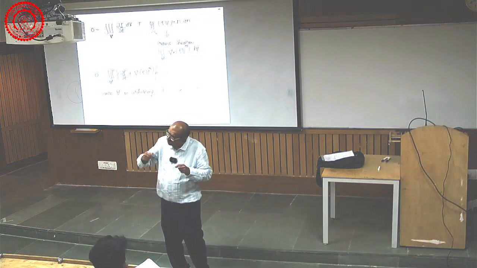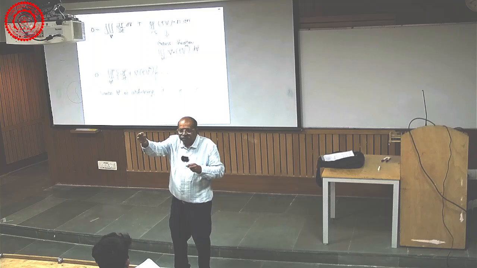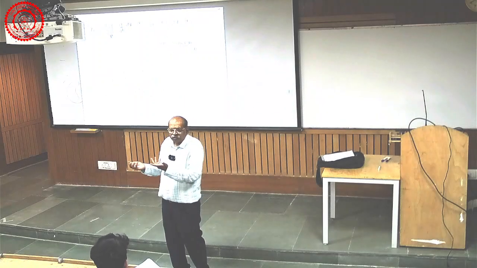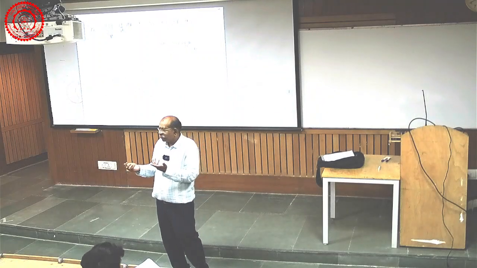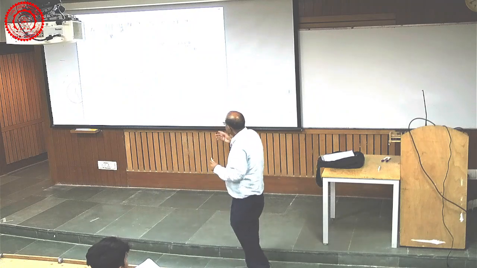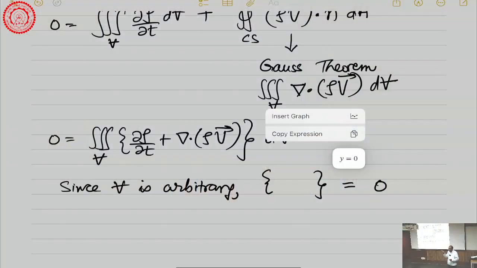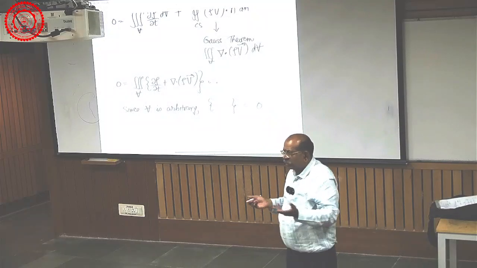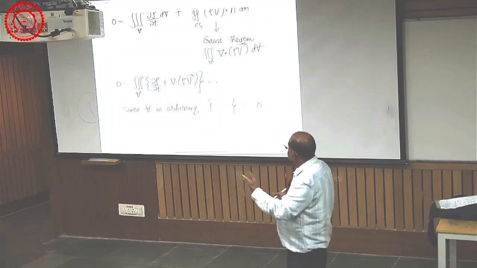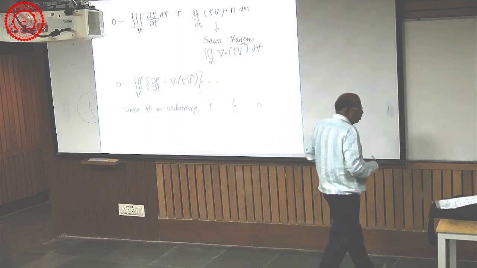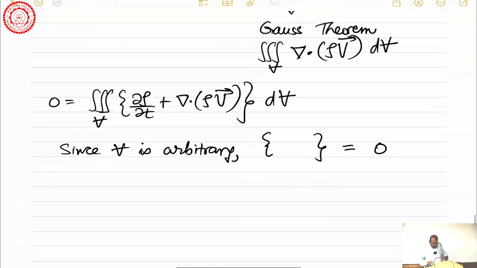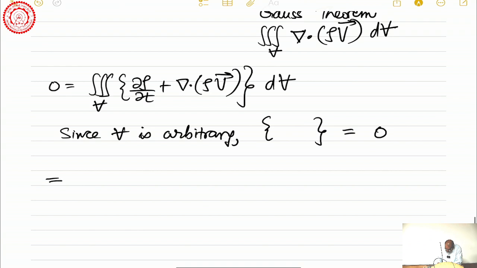But if it is valid for any a and any b, then f(x) has to be 0. Another way of looking at this is you shrink the volume to a point. Then the quantity in the curly brackets has to be 0.